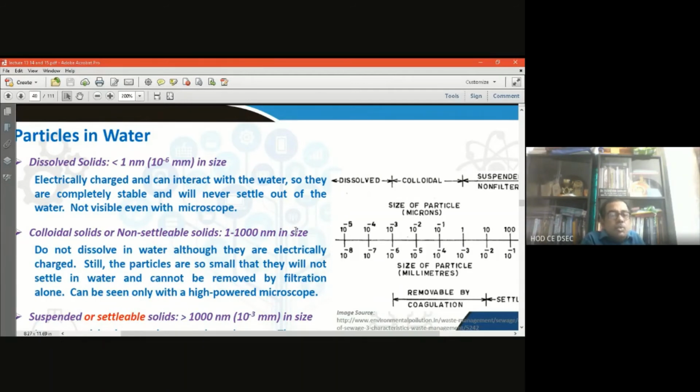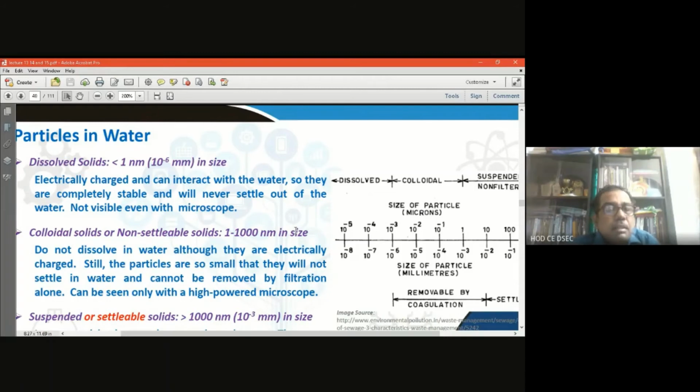If it is less than 1 nanometer in size, then it is a dissolved solid, electrically charged, and can interact with water. So they are completely stable and will never settle out of the water, because they are dissolved in water. So they cannot settle. They are not even visible with a microscope, because they are so minute, less than 10 to the power minus 6 millimeter. So it is one category of the solids I am just giving you.